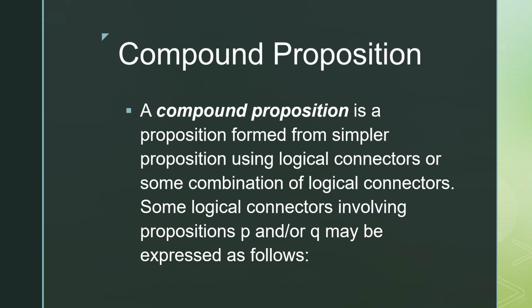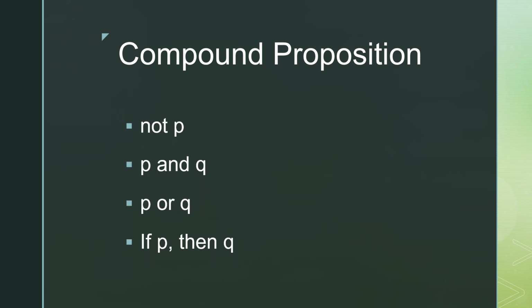Some logical connectors involving propositions P and or Q may be expressed as follows: not P, P and Q, P or Q, if P then Q. So, a compound proposition is formed by combining two or more simple propositions.